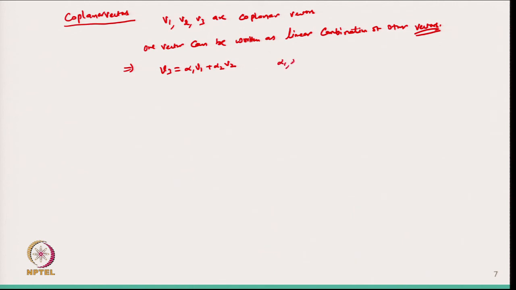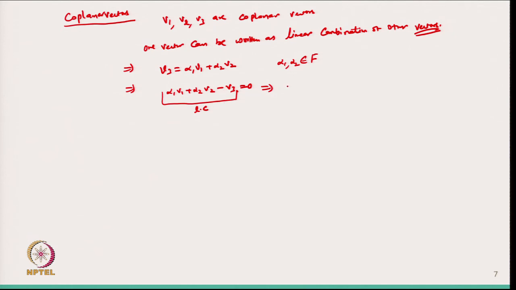For alpha 1, alpha 2 belonging to the scalar field whatever we are taking, from here I can write alpha 1 V1 plus alpha 2 V2 minus V3 equal to 0, and from here I can say that this is a linear combination put equal to 0, but here the coefficient is always minus 1.